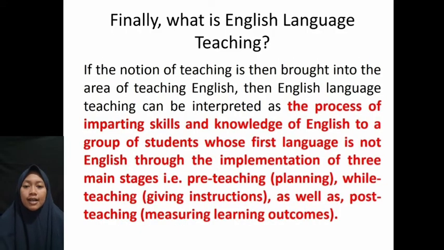And then about English language teaching, for the definition: English language teaching is the process of imparting skills and knowledge of English to a group of students whose first language is not English, through the implementation of three main steps: pre-teaching or planning, while-teaching or giving instructions, and then post-teaching or measuring learning outcomes.